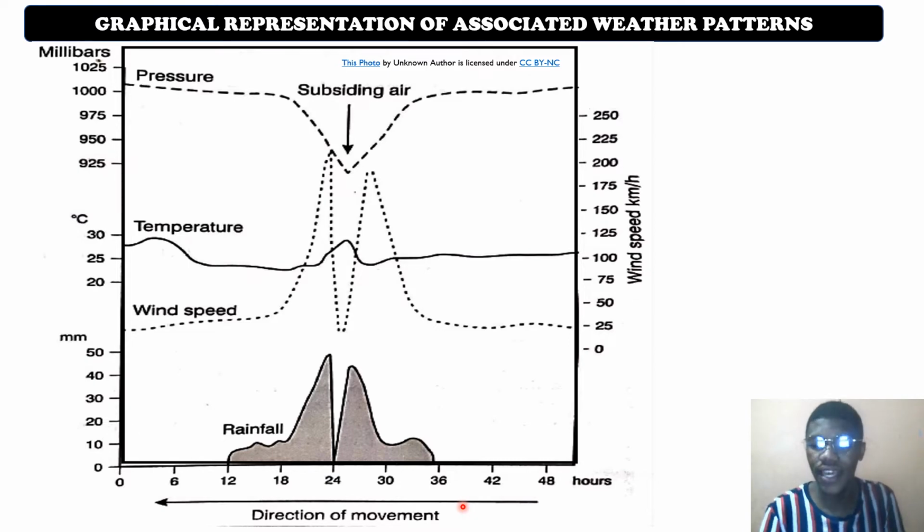And remember that tropical cyclones form in the tropical easterlies, or the tropical easterly wind belt, and they move from east to west as a result. So that's why the directional movement is from the east to the west. So that's an important point to note.